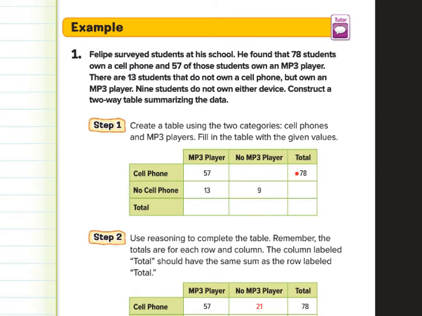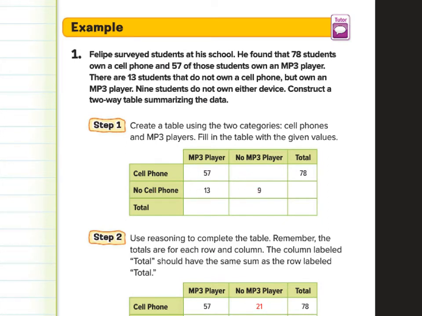But there's a total of 78 students who own cell phones. For no cell phones, we have 13 students. There are 13 students that do not own a cell phone but do have an MP3 player. So they fall under the MP3 player, but they have no cell phone. And 9 students do not own either one. Okay, and that's how we would fill it out.